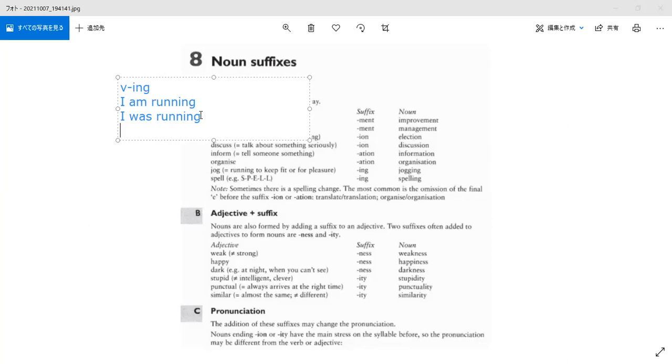Present perfect continuous tense. So I have been running.